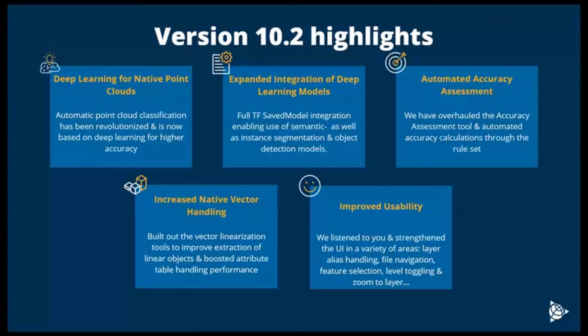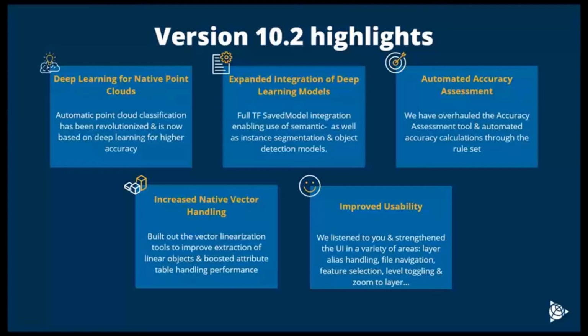And of course, in general, we're also always listening for feedback. We improved the general usability in a lot of ways. In the background, layer alias handling is now a lot more intuitive, I think. File navigation has been made better. For feature selection, you can now drag and drop features directly from the list into the dialog box, so you can very intuitively see all the features you need.